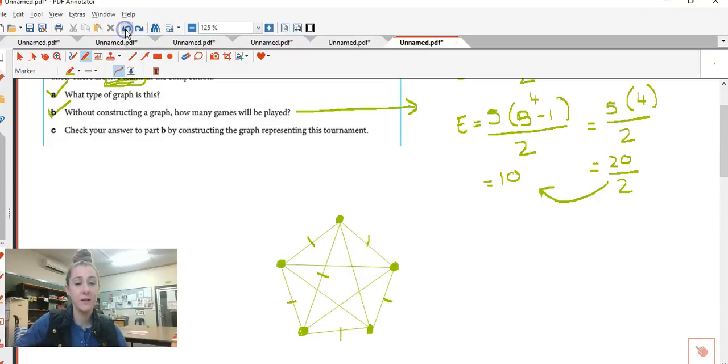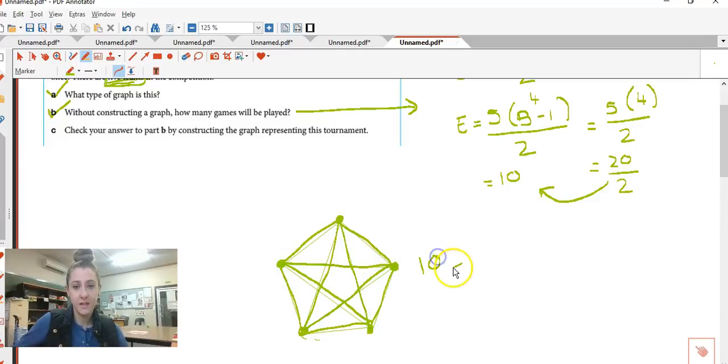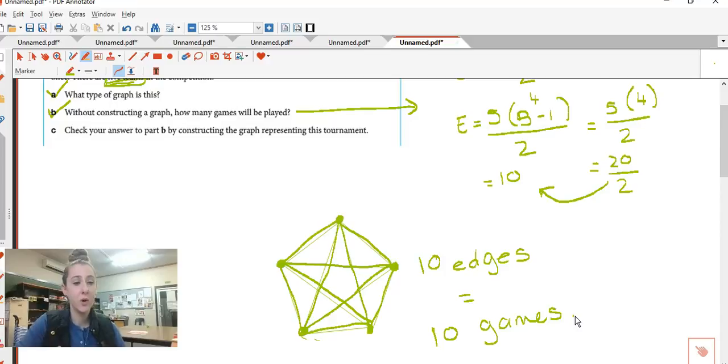Because there are no vertices in here, these aren't each little sections of edges. The long line is the edge. So I've got 1, 2, 3, 4, 5, 6, 7, 8, 9, 10. So 10 edges equals 10 games. So that's an example of a complete graph.